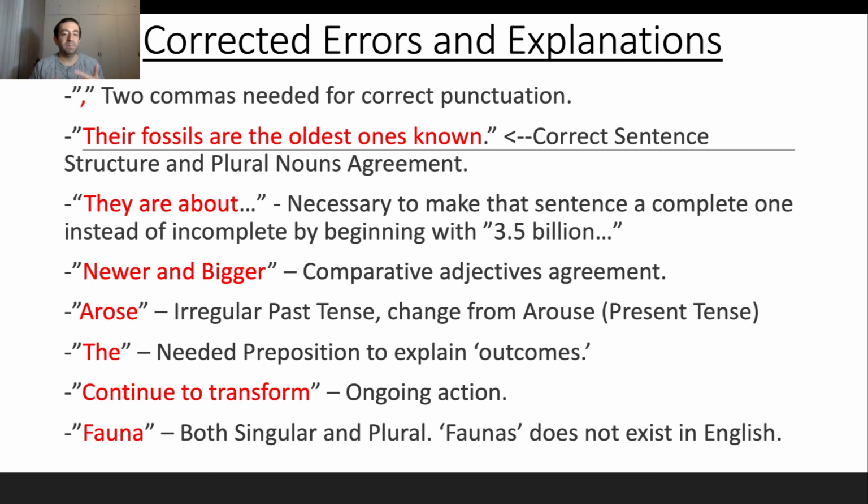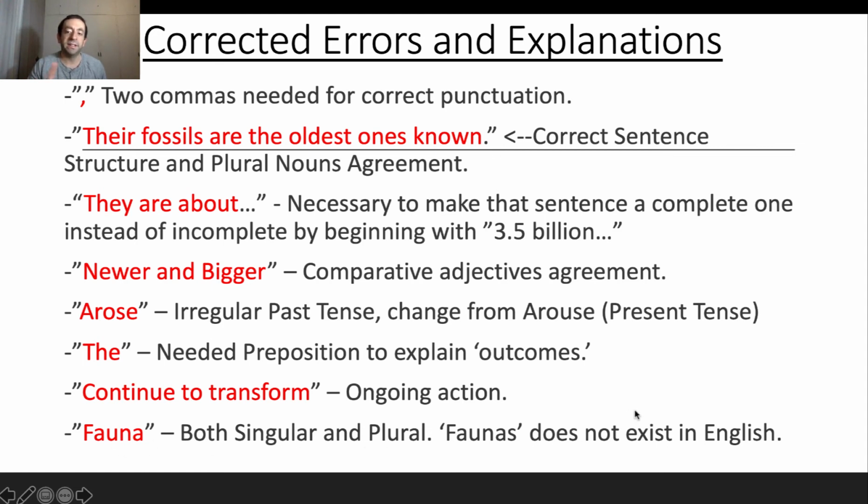Even thousands or millions of years later, the changes, the transformations are ongoing. Fauna is both singular and plural in English, the word fauna. Fauna is just like ecosystem or habitat, specifically for animals. But "faunas," you can't make that a plural word. You can't add the S and make it plural because fauna is both singular and plural.